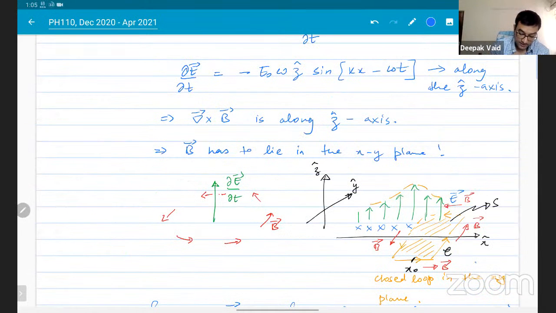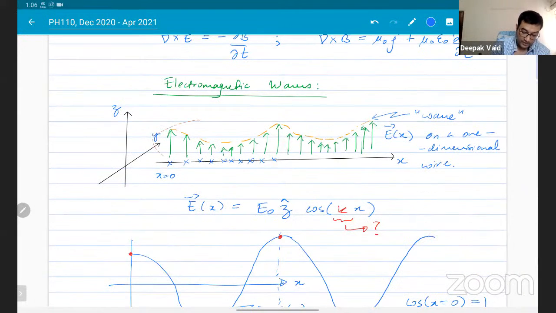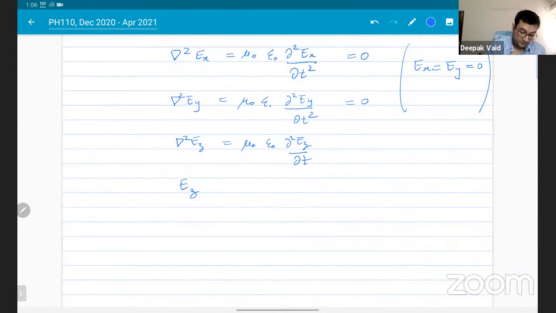So if you look at this wave, the electric field only has a Z component, and the Z component is only changing along the X direction. So that means the derivative of the Z component of the electric field along the Y or Z directions is 0.